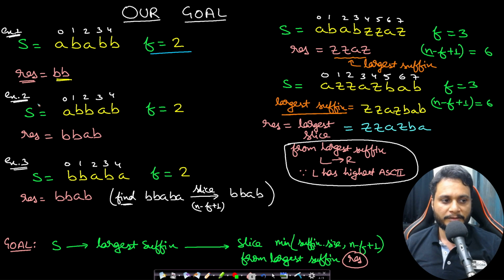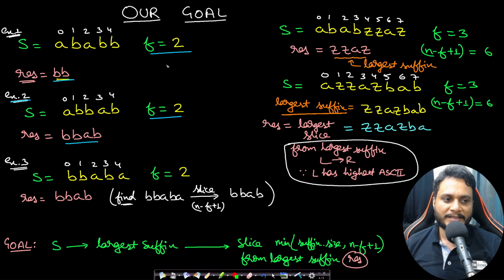Now if you compare the next string, it is A double B A B. Now I need to put only one slice because I have two friends. So if I put a slice optimally, it is going to be between 0, 1, where I will get double B A B. Now how am I deciding that the result is going to be this?